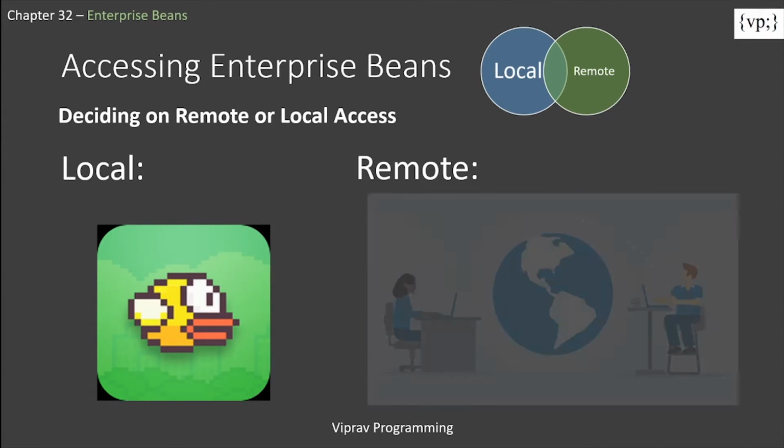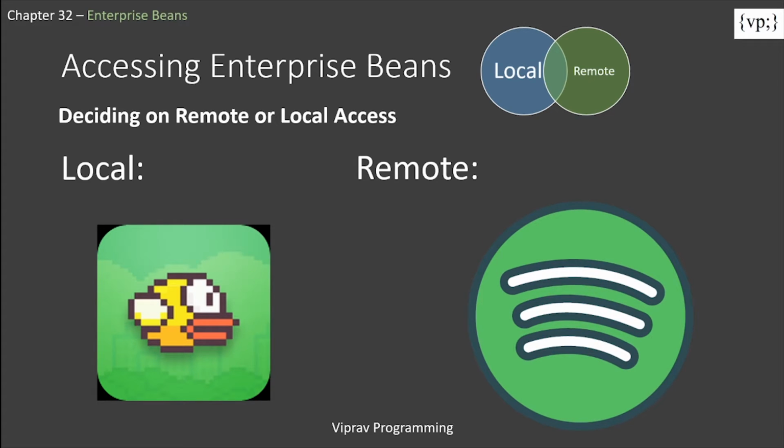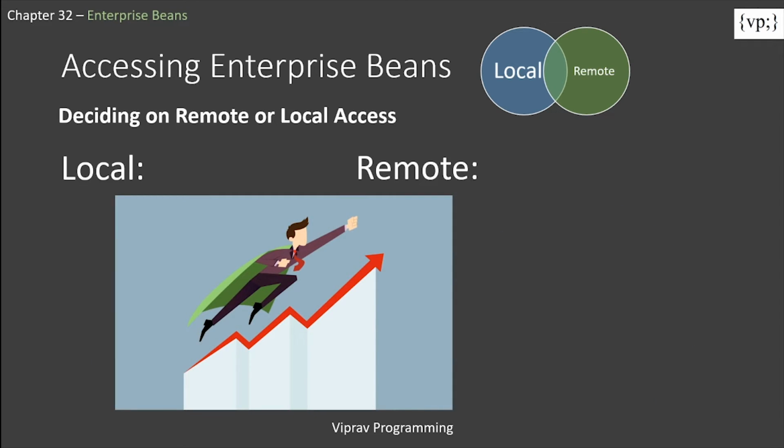For example, when you use the Spotify app on your phone, it is remotely talking with a Spotify server on the other side of the world to play your songs. Owing to such factors as network latency, remote calls may be slower than local calls. On the other hand, if you distribute components among different servers, you may improve the application's overall performance.